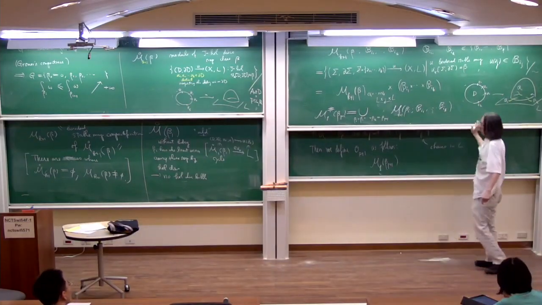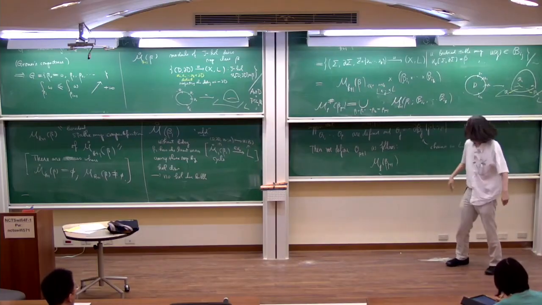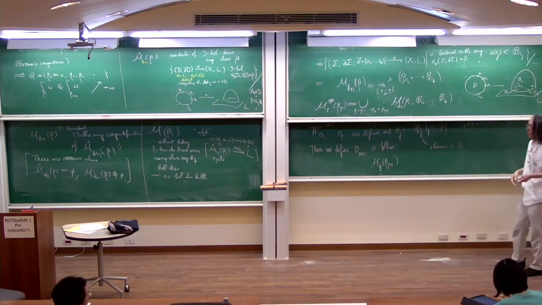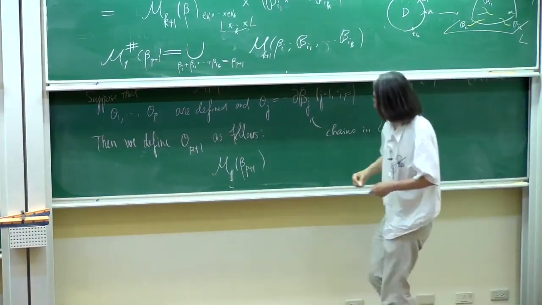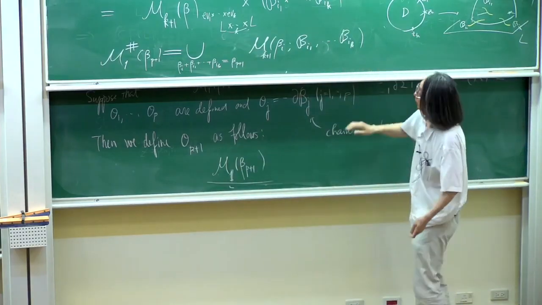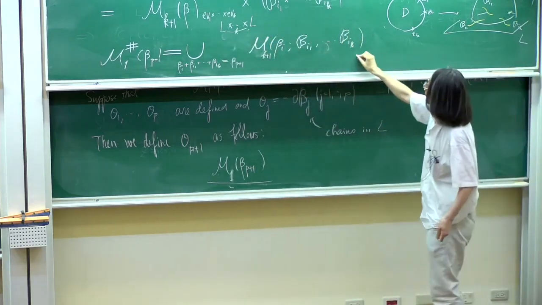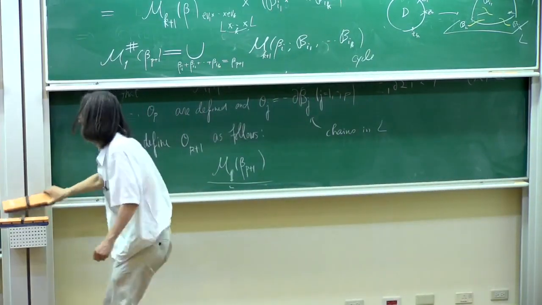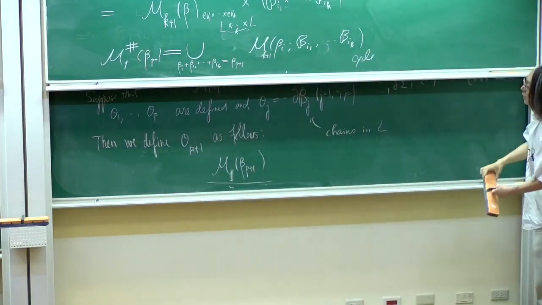So we have to understand how the boundary appears, and then this one is not a cycle because you have a codimension one boundary. But nevertheless, you can find other pieces so that if you glue them together, you get a cycle. Originally this one is not a cycle, but I add other pieces, and in the end this becomes a cycle. I will explain it a little bit more later.